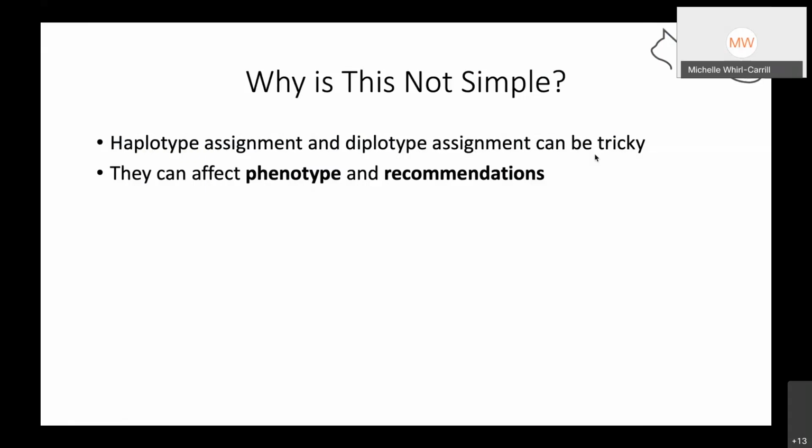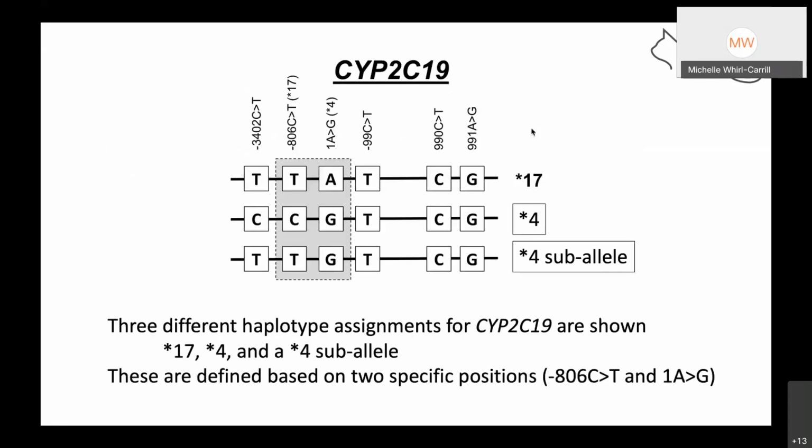The same variant can be in multiple star alleles, and then each star allele has its own combination. So if you're only looking at certain variants, you might get confused as to what star allele you're dealing with. And if you don't get that haplotype and diplotype assignment done correctly, that affects the phenotype of your patient and ultimately the recommendations.